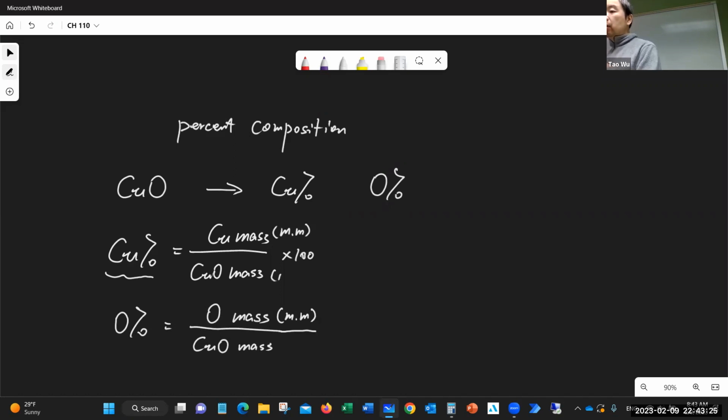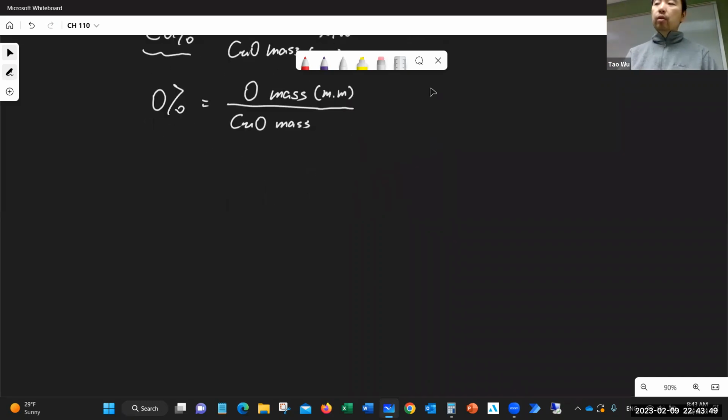But the point is, if you're using mass, obviously this is coming from your experiment, so you get experimental data. Using the molar mass, that's coming from theoretical data. Okay, so now let's do one more practice. Please figure out what is the sodium carbonate percent composition.